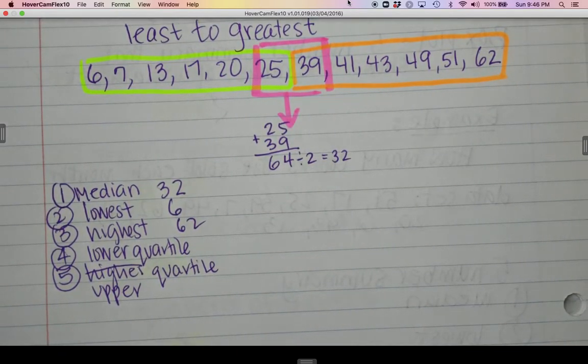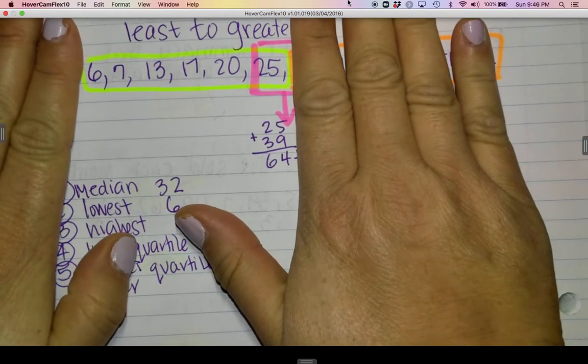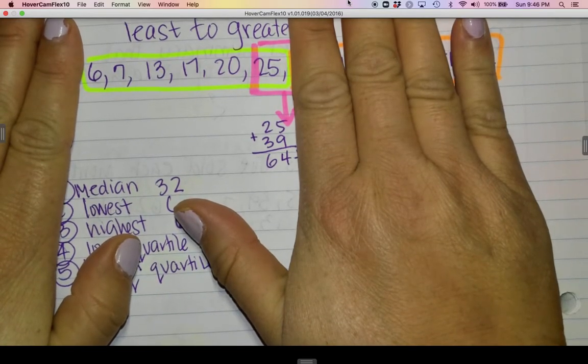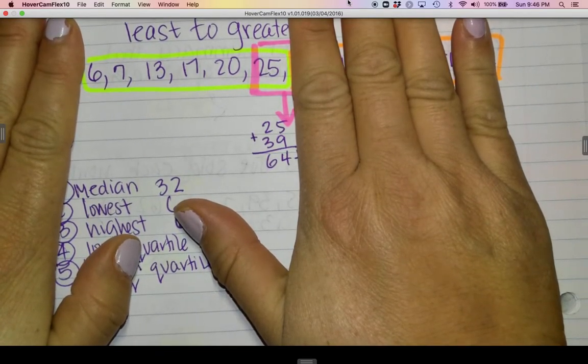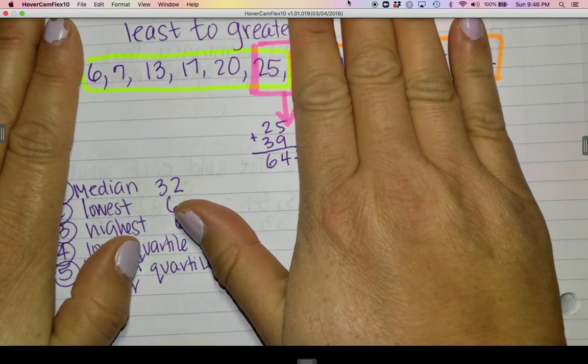So to find the lower quartile, we find the median of the first half of the data. So I'm going to look at the yellow part because that's the first half. Those are the first 6 numbers. And what I'm going to do is find the middle number of that 6. Because, again, it is an even set of data here.